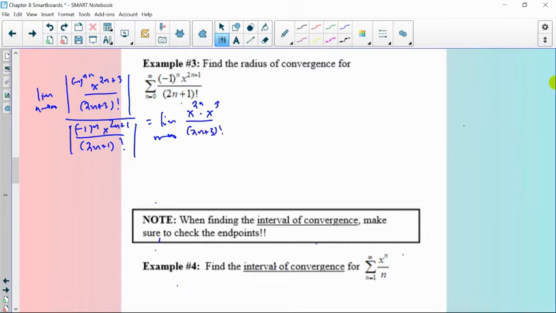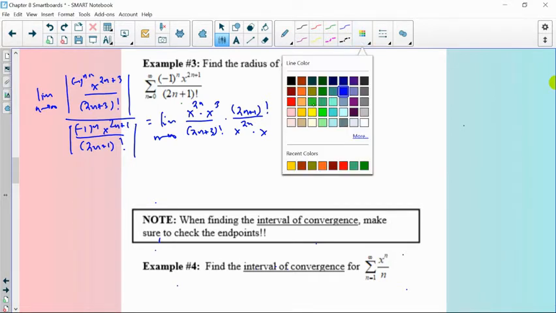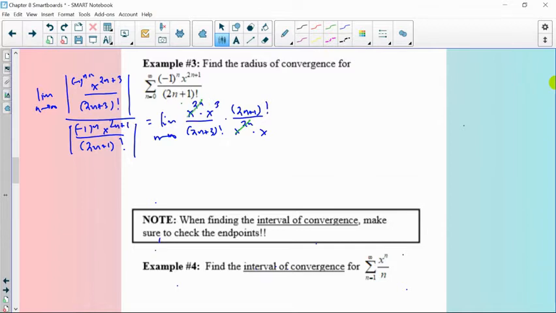And then when this thing flips around, it's going to be 2n plus 1 factorial, and then that's x to the 2n, and that'll be just times an x. That was kind of nice, because now I can see that those x to the 2n's are going to cancel, and this 1 x will cancel with one of those, so we'll get x squared.